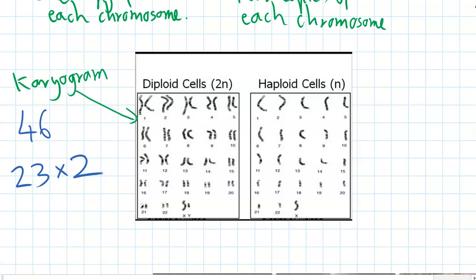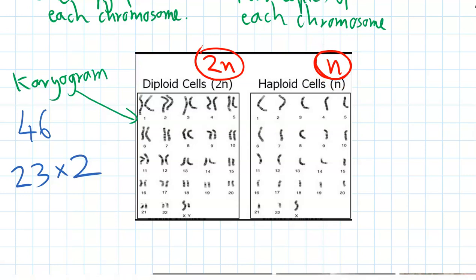We're diploid. And the symbol for diploid is 2n, which is basically math symbols, 2 times n. And that's because n represents how many chromosomes you have in your haploid cells.